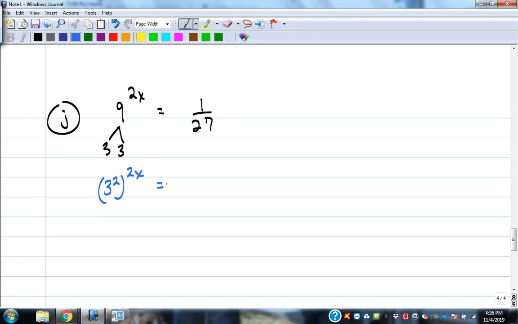And then on the other side, that gives me the clue that I need to figure out how to rewrite 1 over 27 as a 3 with an exponent. So I think about when I've got a fraction, especially one that has a 1 on the top, I always just start with the bottom number and say, okay, 27. Let's break that thing down. That's 9 and 3, 3 and 3.